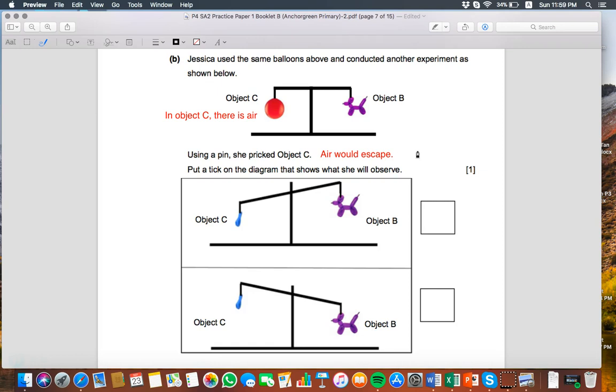So when air escapes, the mass of object C would decrease.